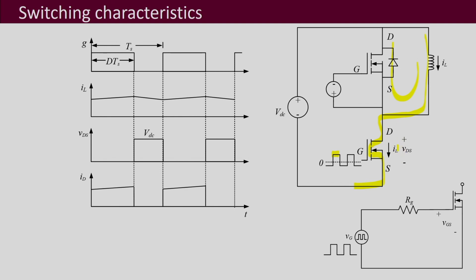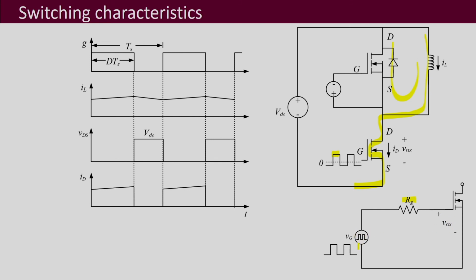This is the notation that we are going to use: ID is the current from drain to source, VDS is the drain to source voltage, and VGS is the voltage between gate and source. To drive it, we can draw an equivalent circuit with a gate resistor RG connected to the gate of the MOSFET, and a driver, which we will discuss later, driving the gate to source region.